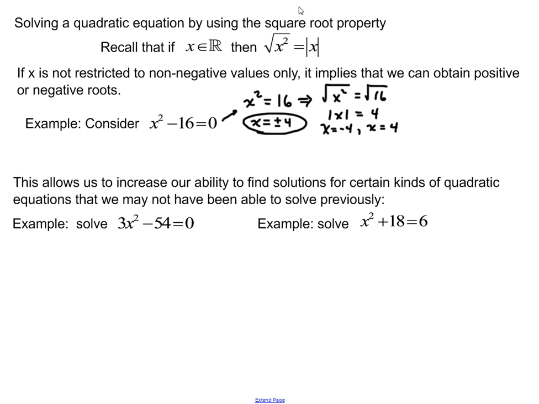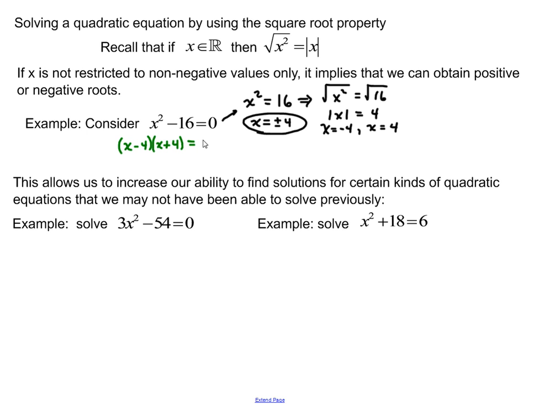And by the way, let me just add on to this the fact that you remember that x squared minus 16 is factorable as a sum and difference of two squares. And if we go back to our factoring method, you might recall that this would be the same thing as saying x minus 4 times x plus 4 is equal to 0.